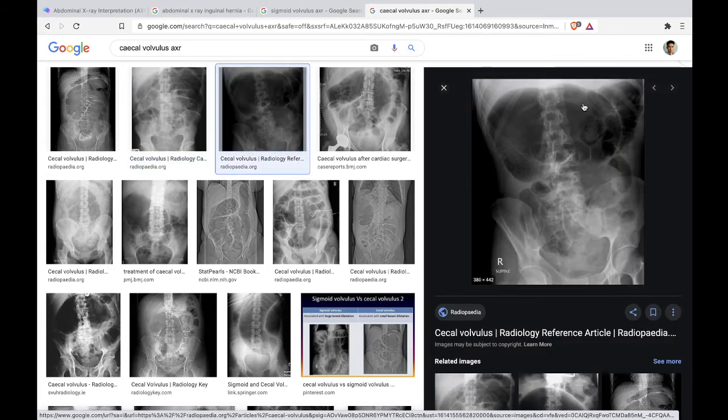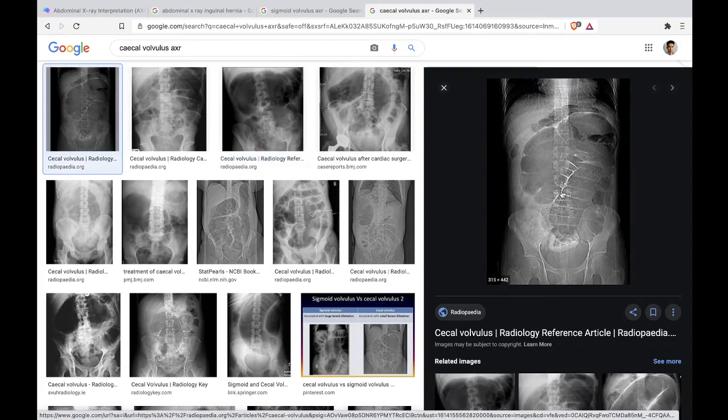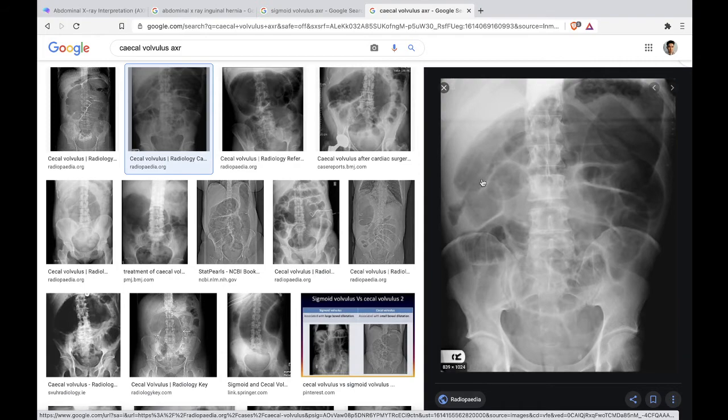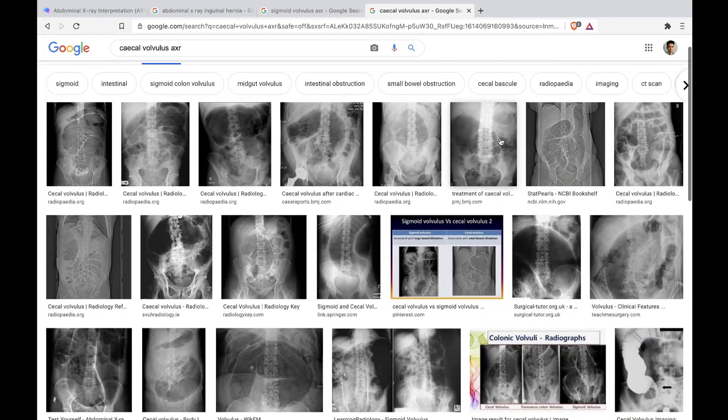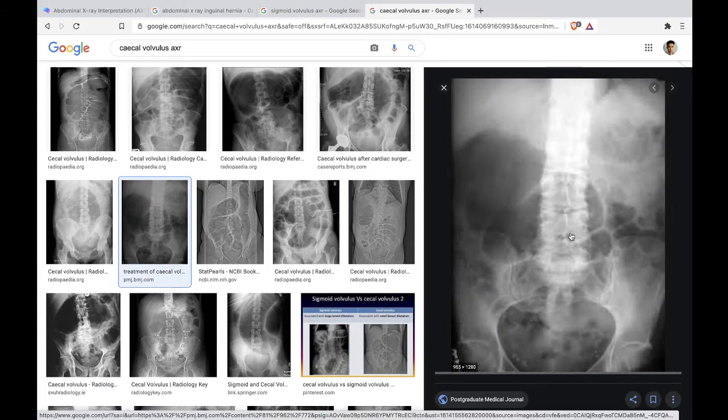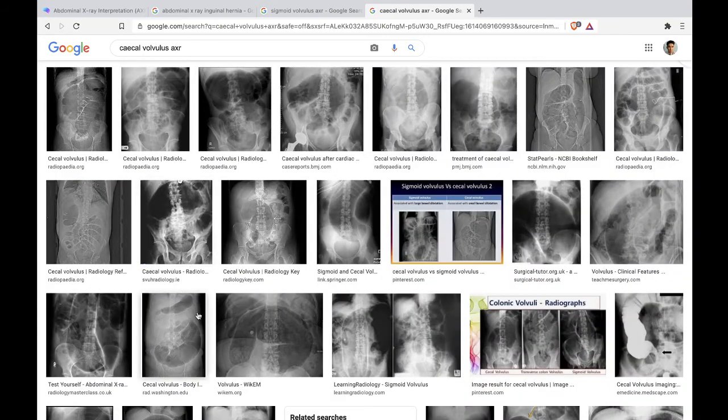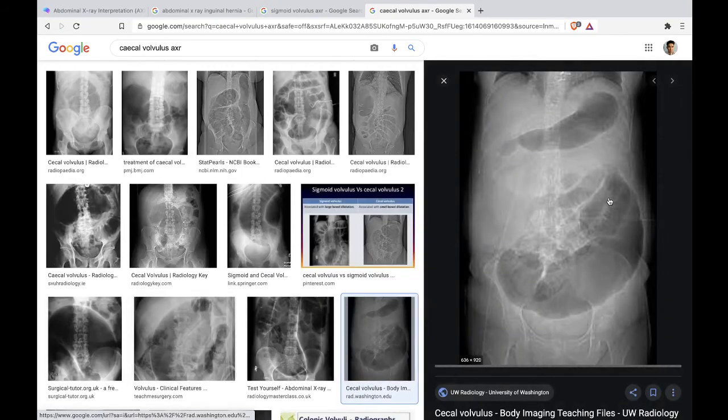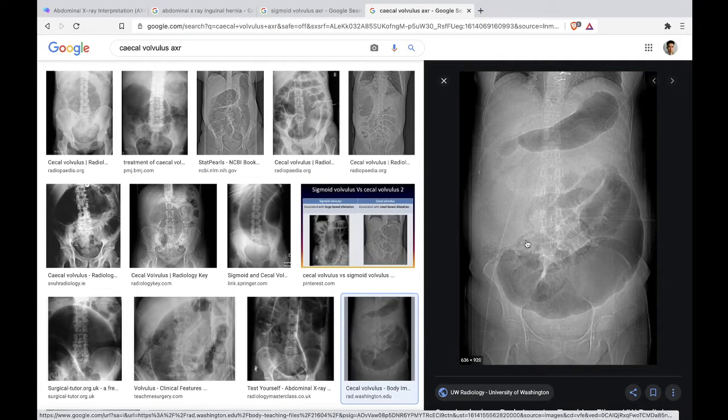Okay, maybe this one, yeah. This one resembles an embryo a little bit. Okay. I don't know about this one. This one resembles an embryo. This one is very obvious. This one looks very much like an embryo. It's a sigmoid. The cecal volvulus.